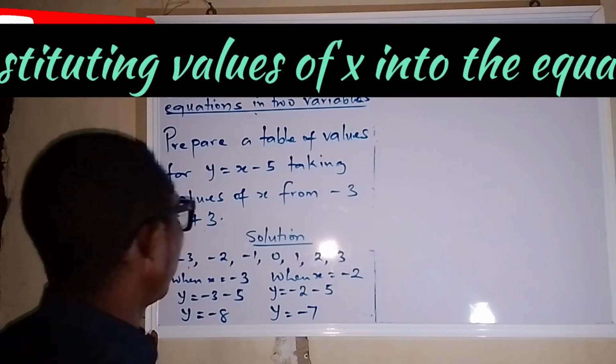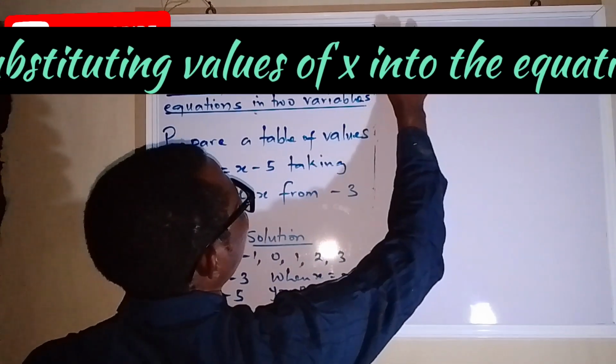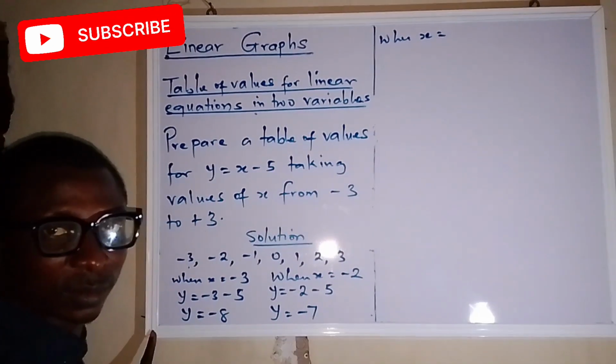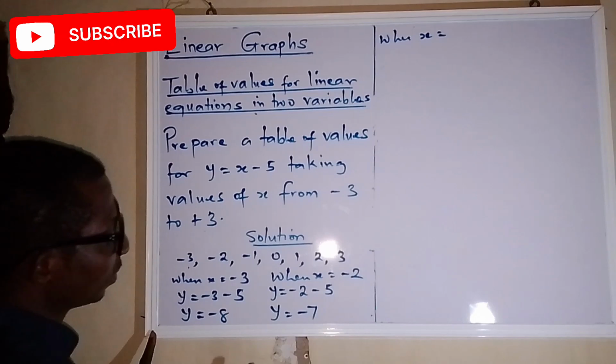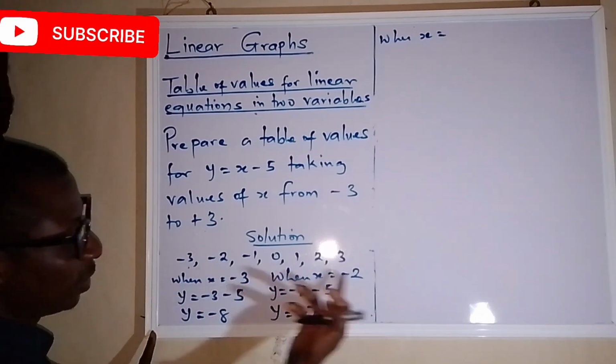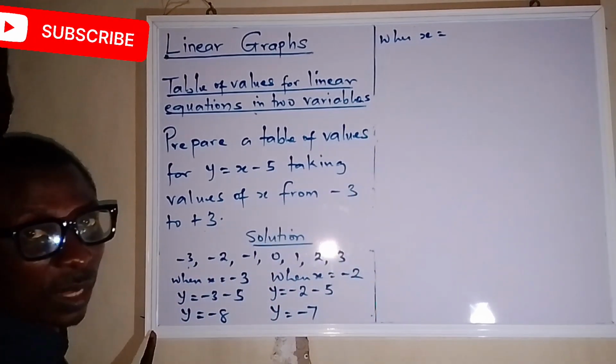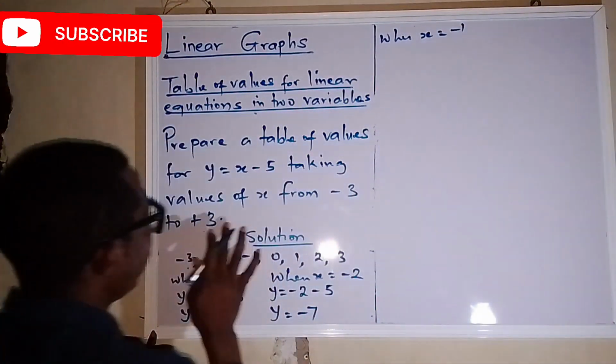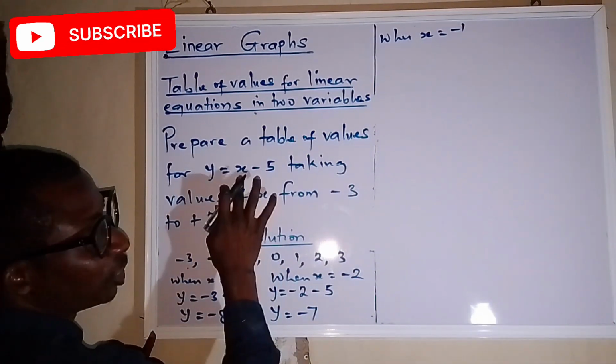Okay, so now let's move on. What's going to be the next one? That's going to be minus 1. We have done minus 3, minus 2, so the next one is minus 1. When x is minus 1, we write this equation. What's changing?